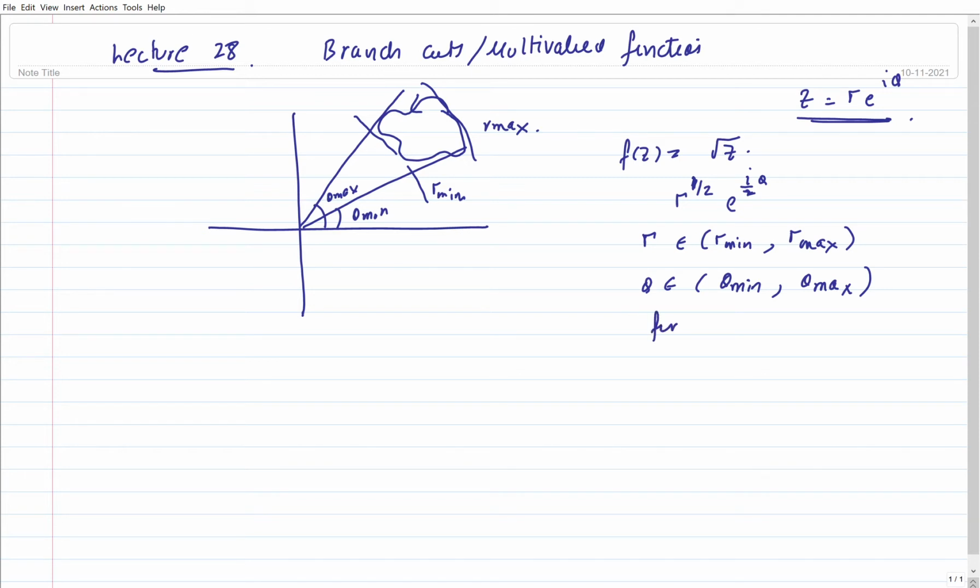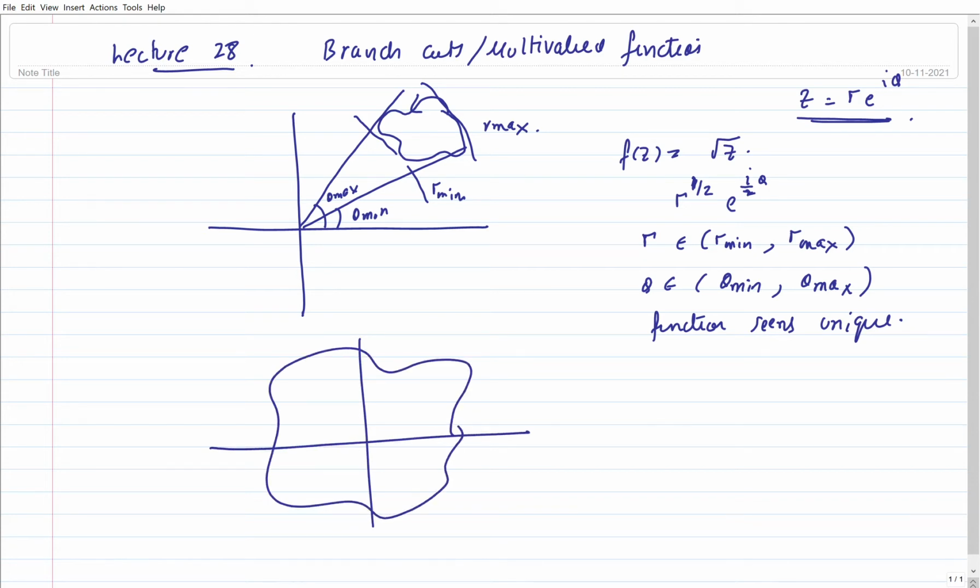The function seems unique and not multivalued. But consider if I have a contour like this, and I have a theta, I have y, I have x.